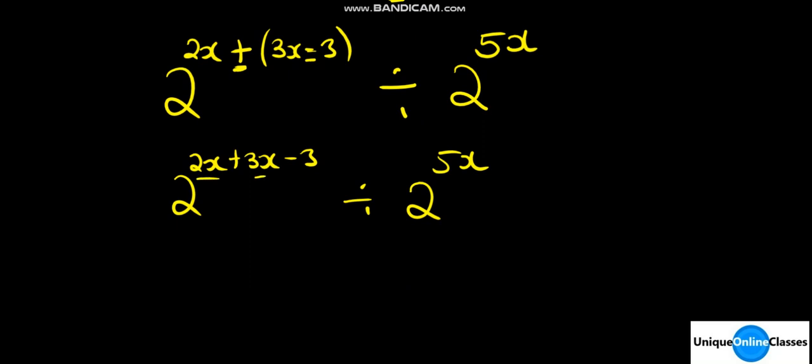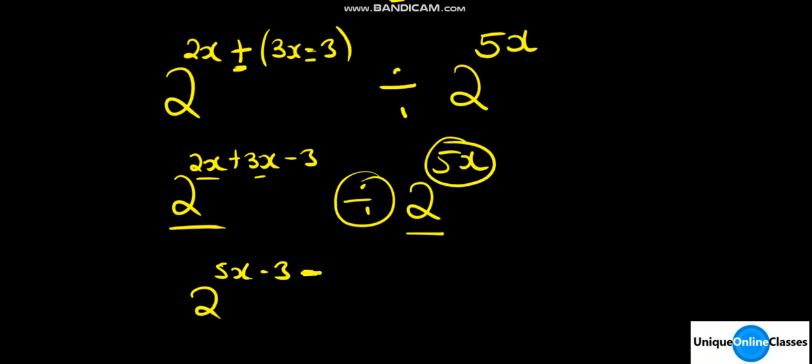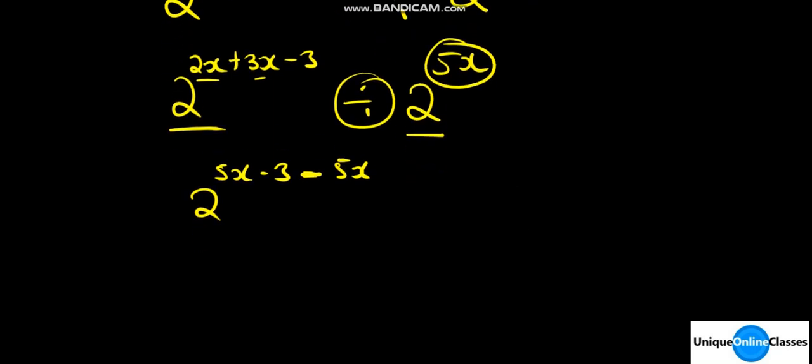Mind you, we are dividing numbers of the same base, so you can just subtract the powers. So 5x minus 5x will be 0, remaining with 2 raised to the power negative 3.